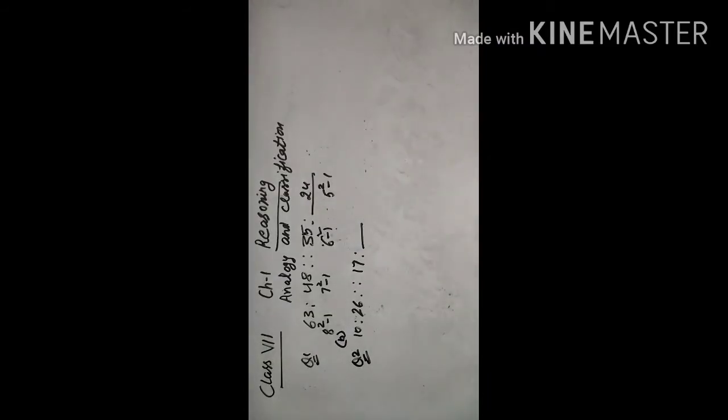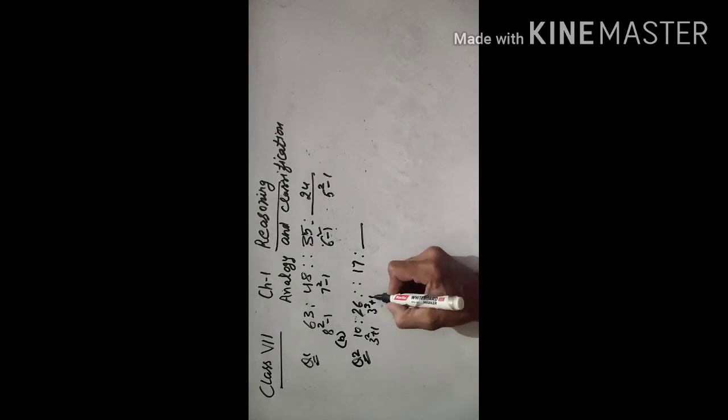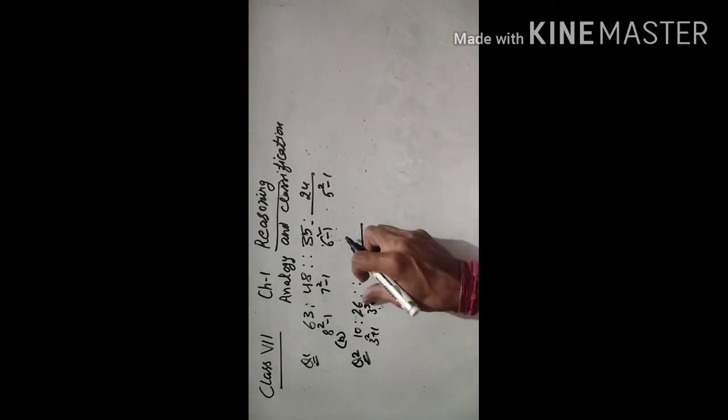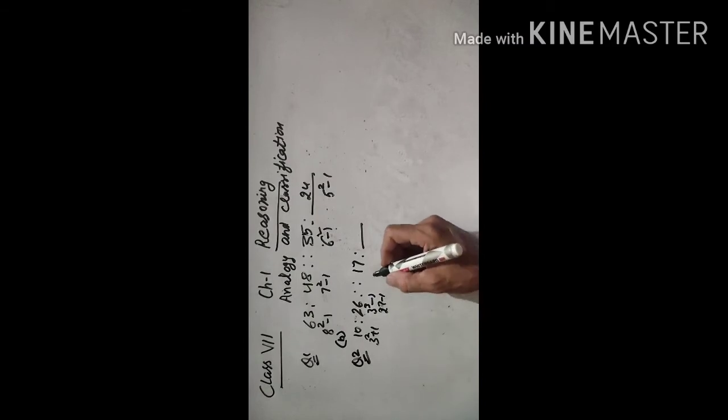Now see here 3 square plus 1, that is 9 plus 1, 4 square plus 1. 3 cube minus 1 is 27 minus 1, that is 26.